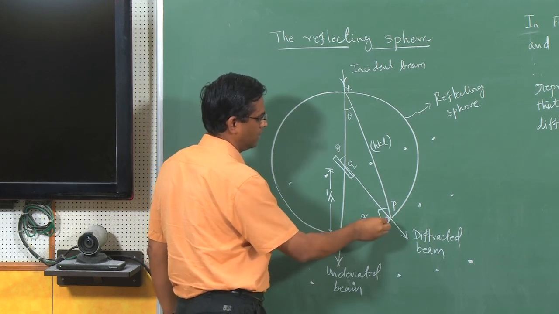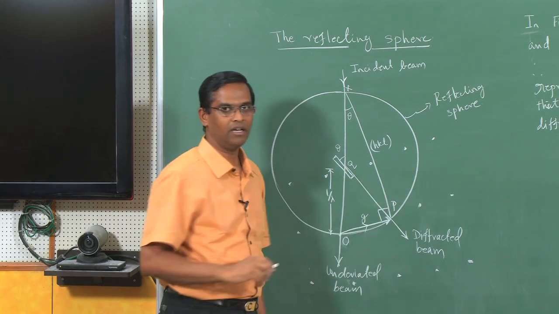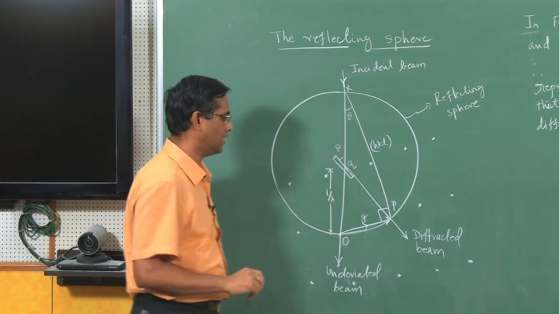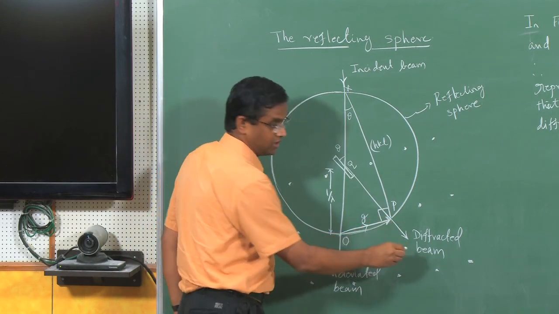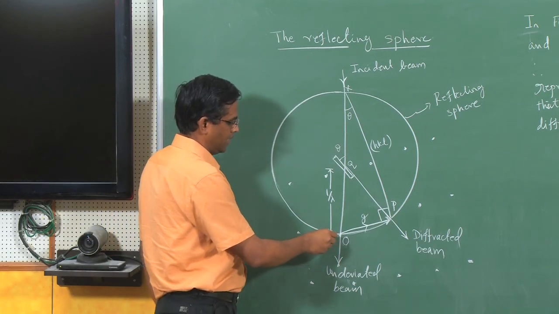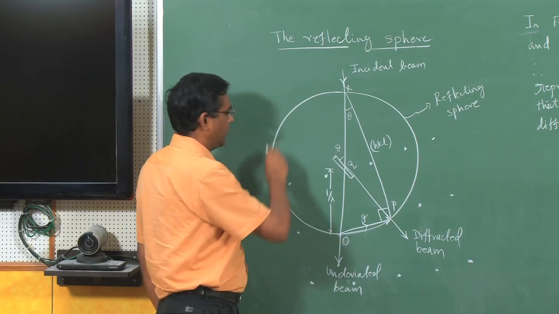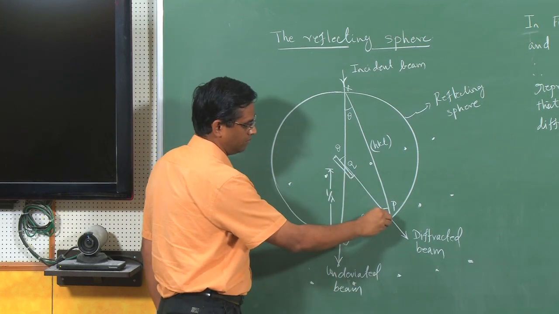Or in other words, when this condition is satisfied, when lambda becomes 2d sin theta, then the diffraction takes place, because the sphere does not cut through any other point but only this point.